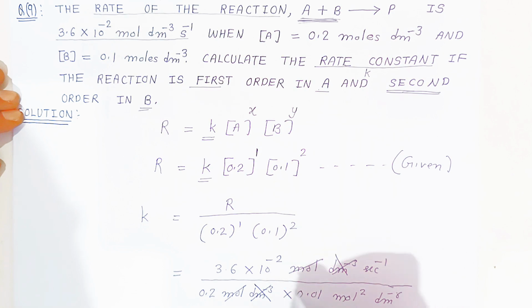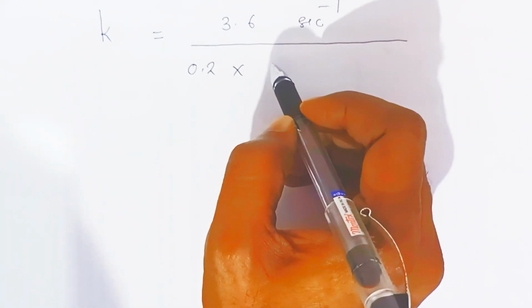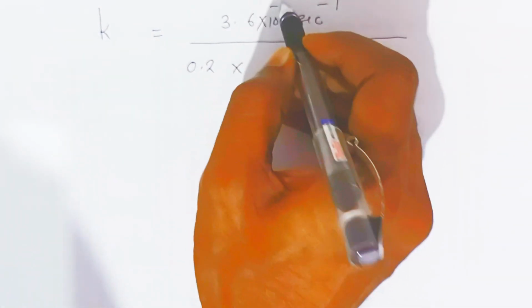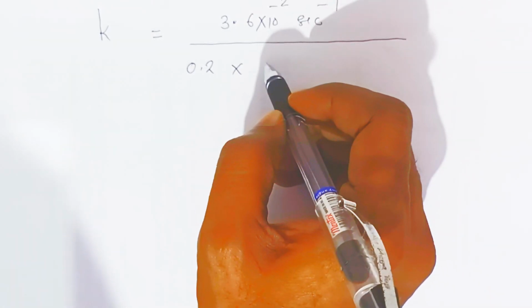Now there is a simple decimal division. The rate constant equals 3.6, and only second inverse is remaining in the numerator. You have to divide by 0.2 into 0.01, which can be written as 10 raised to minus 2.